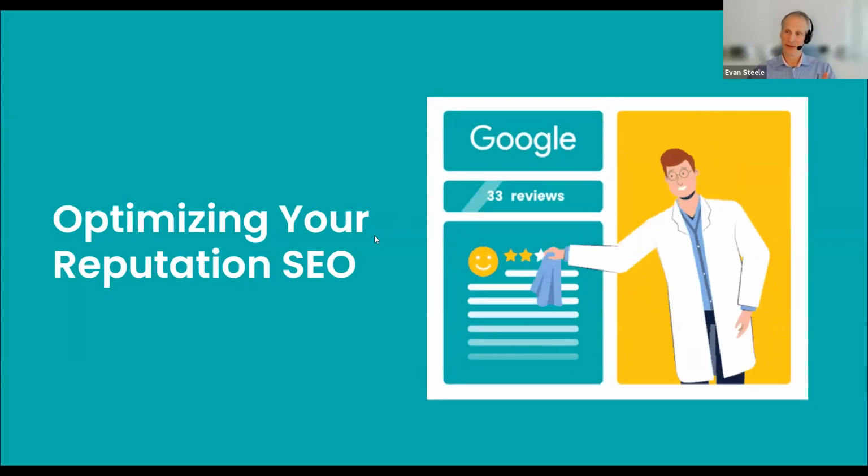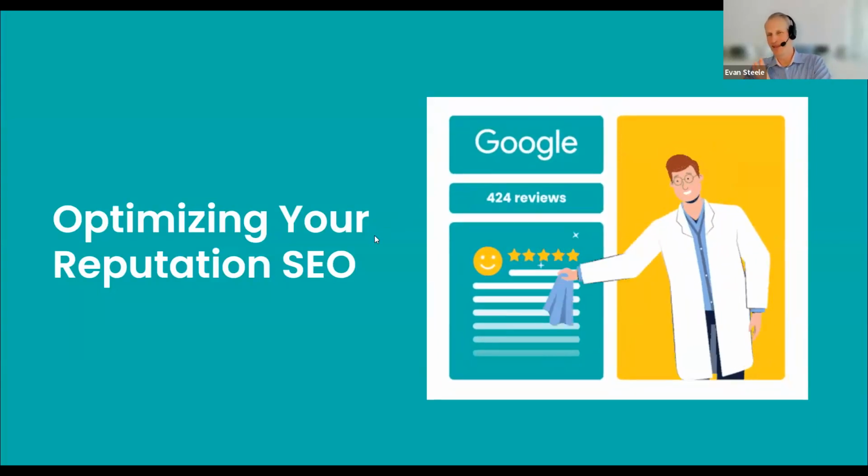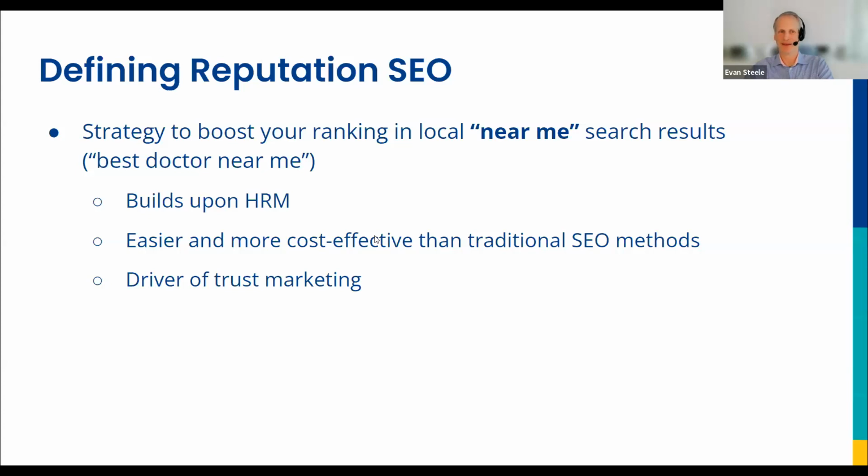So we just talked about reputation management and got a little bit into reputation SEO, but let me complete the thought on reputation SEO. Again, it's totally based on near me searches. It's lighting up Google's algorithm to recommend your locations and your doctors and your practice or your hospital. So it's on top of regular healthcare reputation management, and it's on top of website SEO. Everybody loves website SEO.